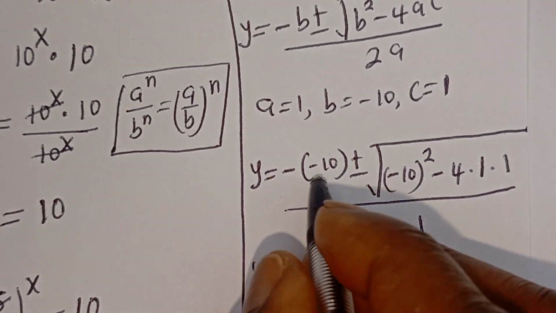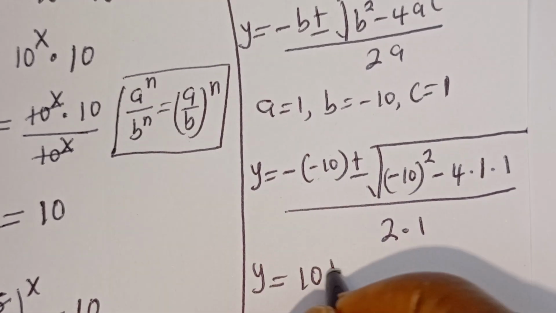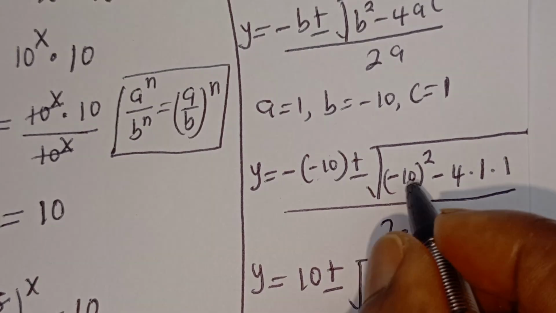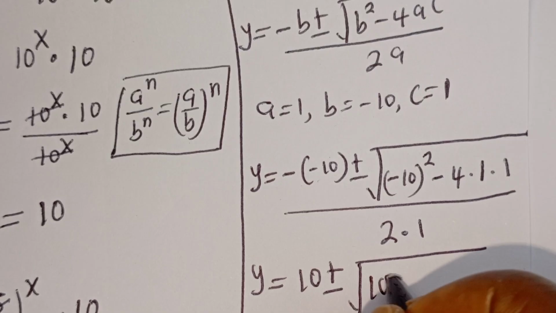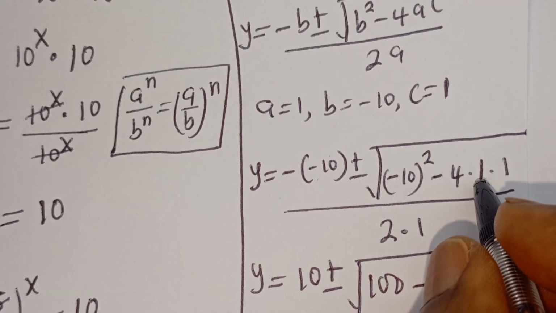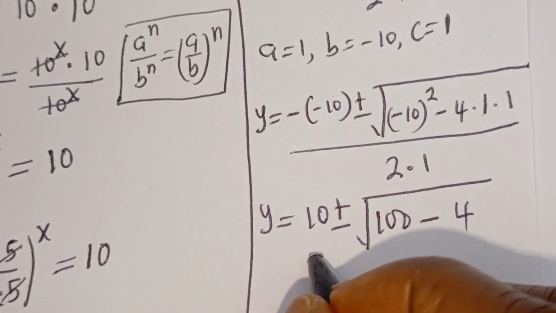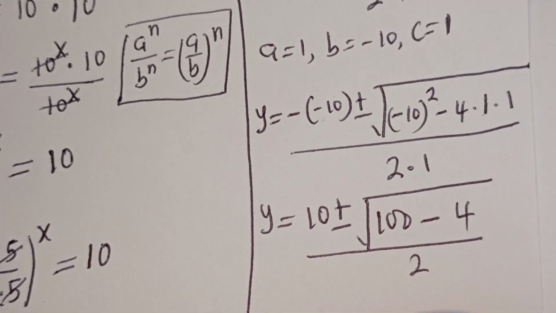Y is equal to minus times minus 10, this is 10, plus or minus square root of minus 10 squared, that is 100, minus 4 multiplied by 1 multiplied by 1, that is 4, divided by 2.